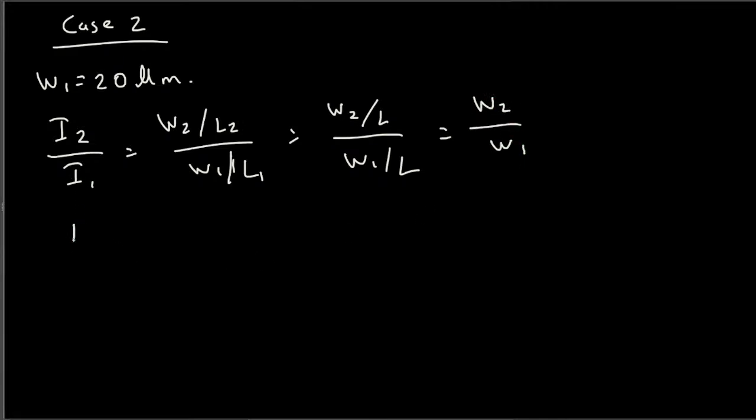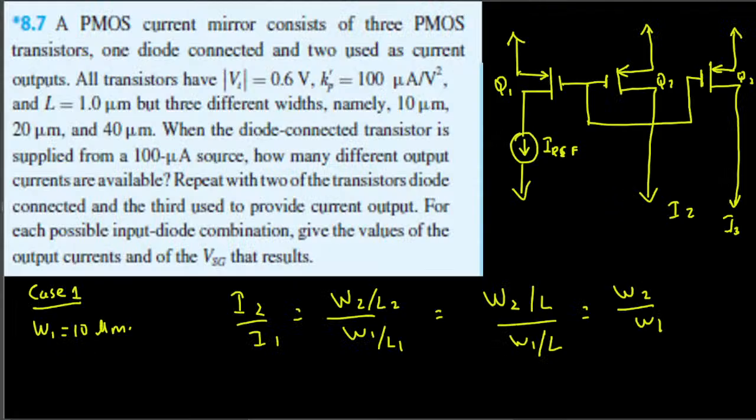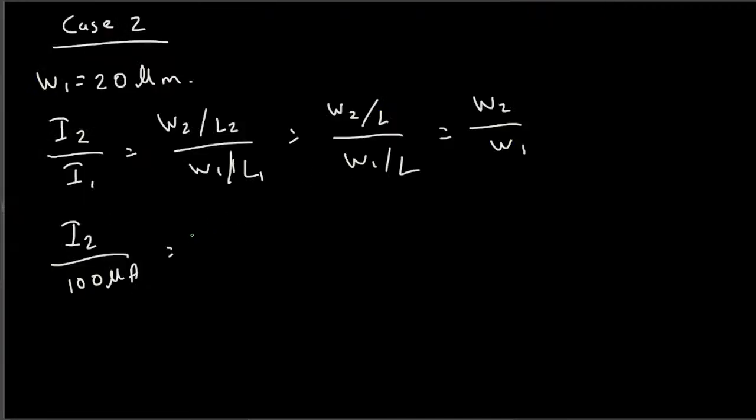I1 is 100 microampere, W1 is 20 micrometer, and W2 is 10 micrometer, so I2 is 1 over 2 times 100 microampere, which is 50 microampere.